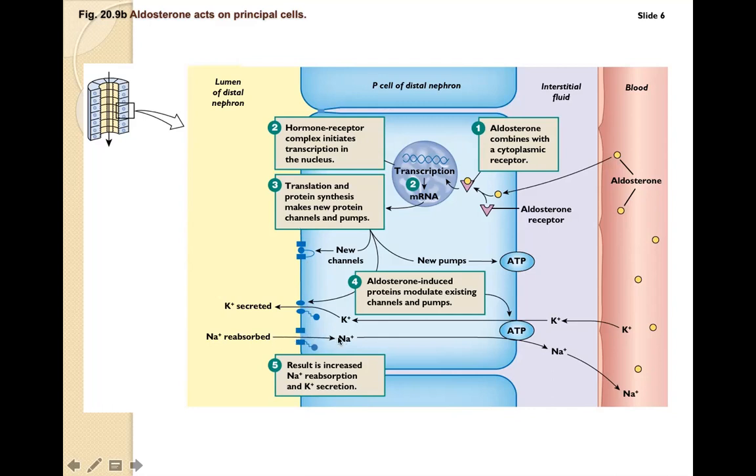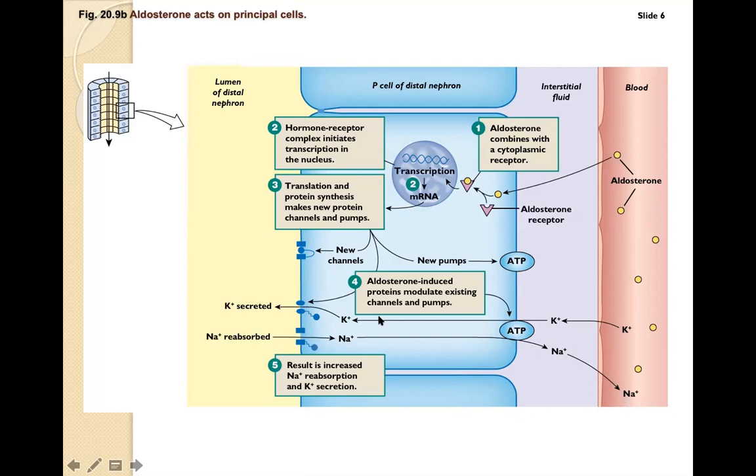So there are some sodium channels, there are some potassium channels, there are sodium potassium pumps that are created and placed into the cell membrane. And so this will allow for sodium to leave the filtrate, enter the cell, and then be pumped out and reabsorbed into the blood.